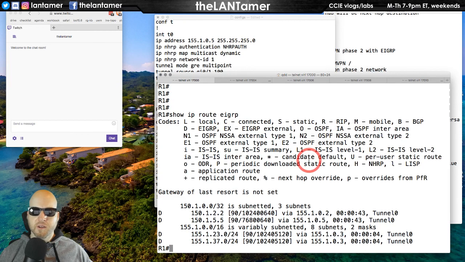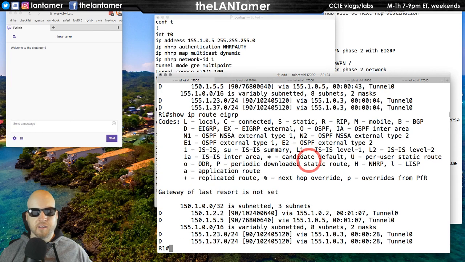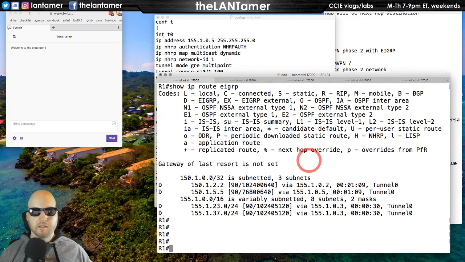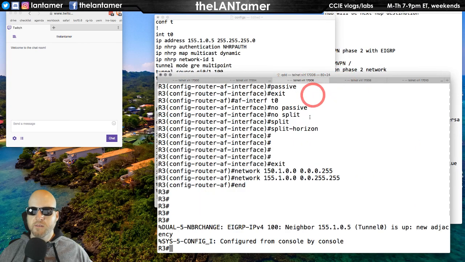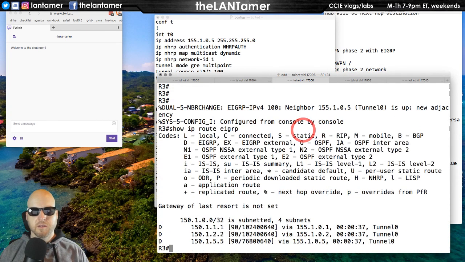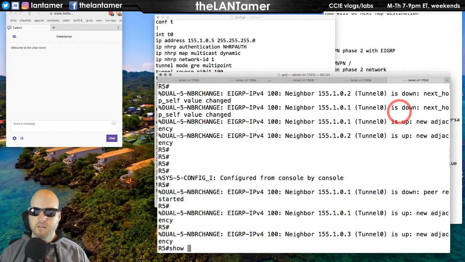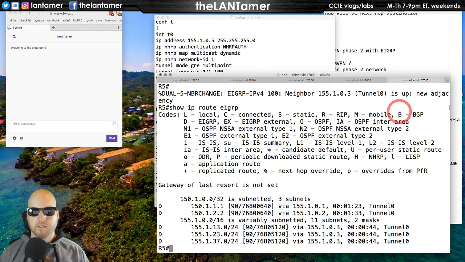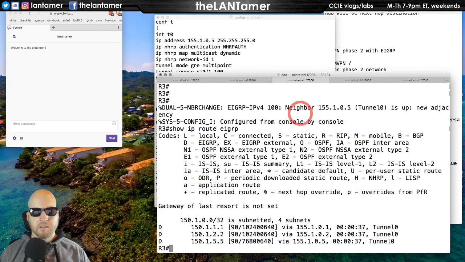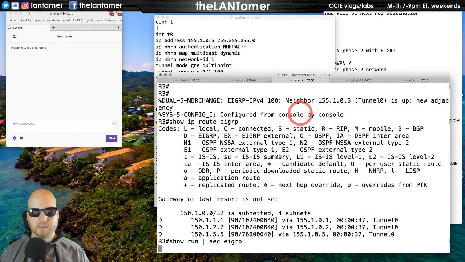Now, why don't I see router 3's loopback there yet? Is 3 advertising it? Show IP route EIGRP. Is 5 learning it? He's not. Did I put the wrong statement in there? Show run section EIGRP. Let's see.